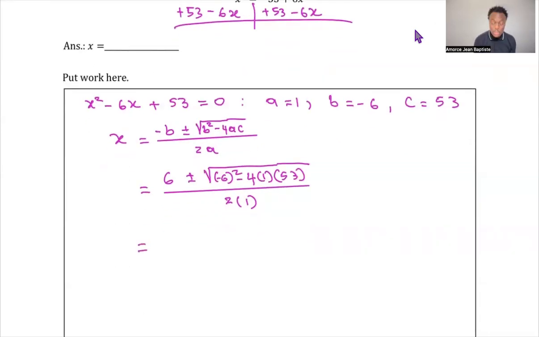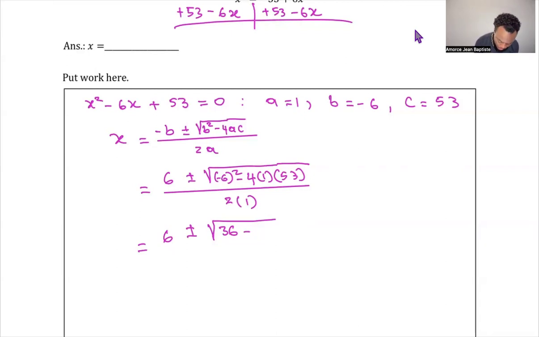So x equals 6 plus or minus the square root of 36. See, -6 squared is not -36 actually. It's 36 because it's -6 times -6. Negative times negative is positive, and then 6 times 6, 36. Always remember that.